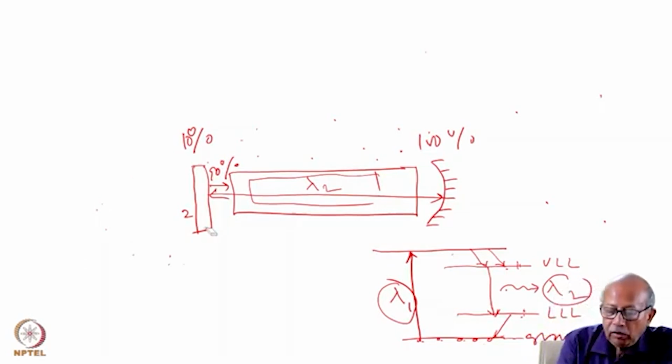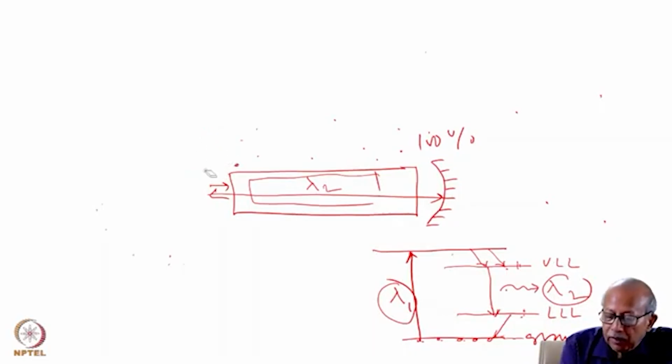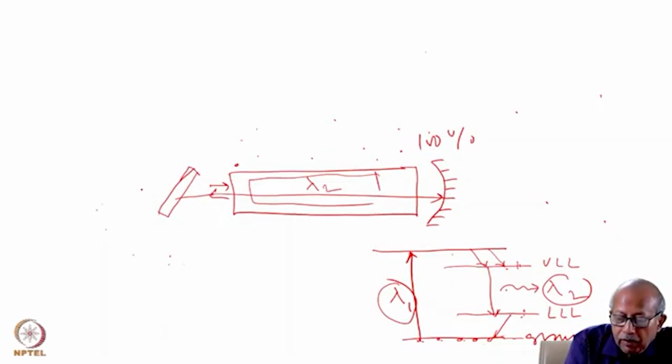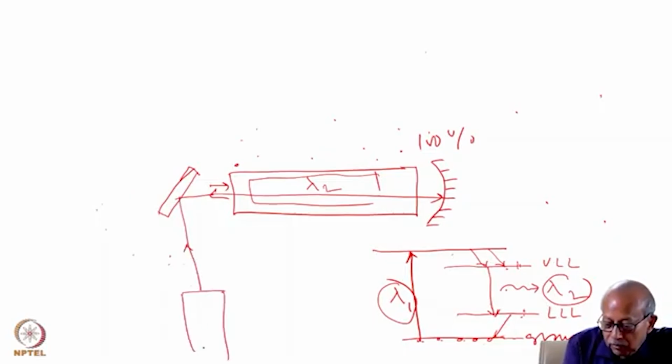So how do you then make it work? Well, you may think of putting a dielectric folding mirror as an intracavity mirror. We use a dielectric mirror, and this is your pump laser, which operates at a wavelength of lambda 1.